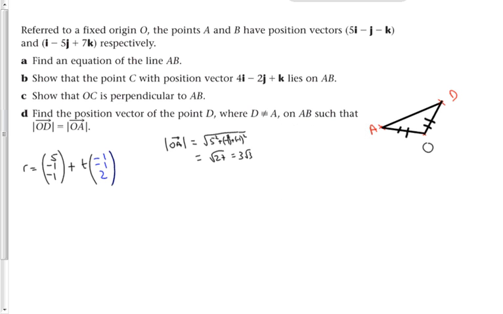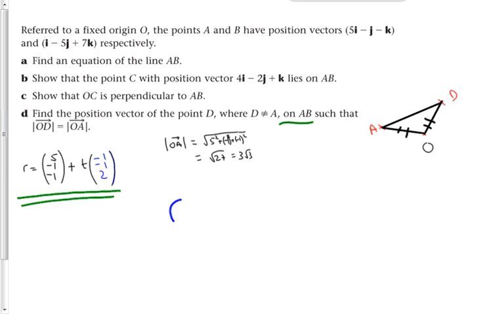I want to highlight the key words here. The key words here are on AB. If D lies on AB, then D lies on this line. Any point on that line will be of this form.